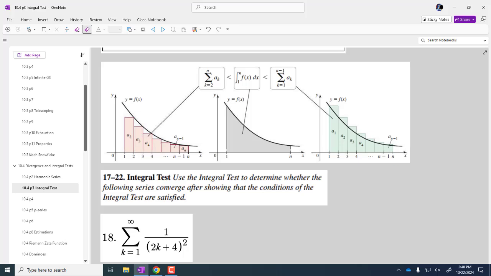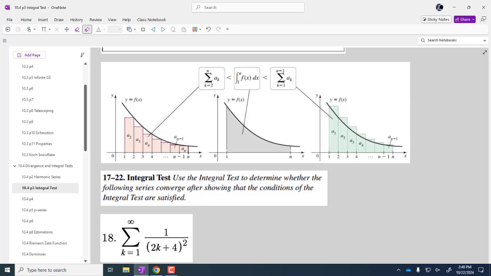We'll stop at n. Now let's look at these two pictures. Here, a sub 2, a sub 3, a sub 4 are lined up over here. This beige and that green there, those a sub 2s are the exact same rectangles. Same rectangles.